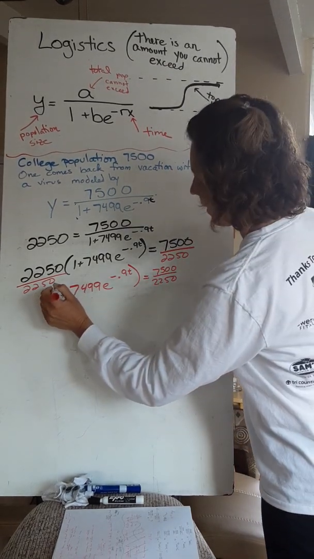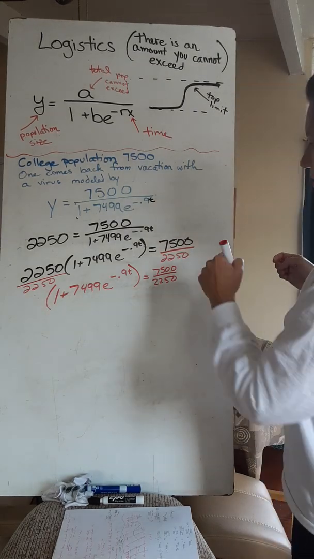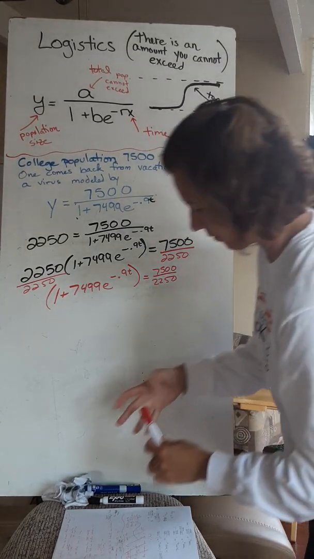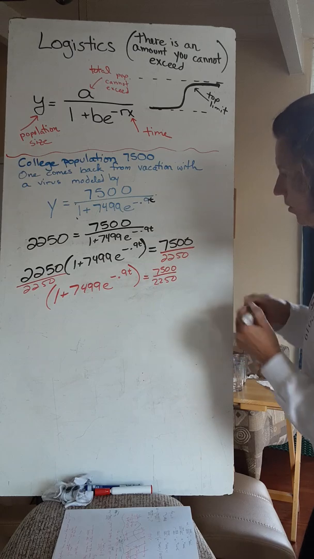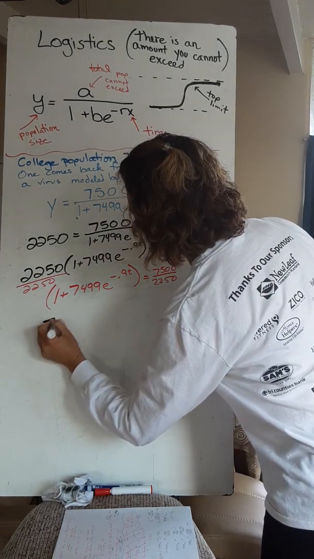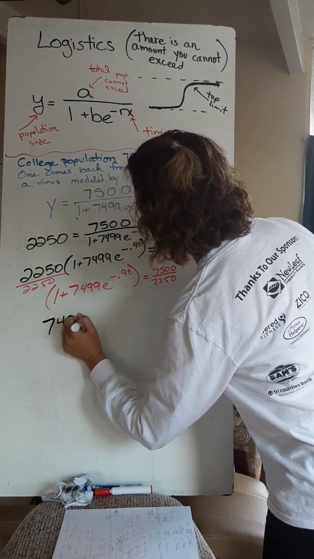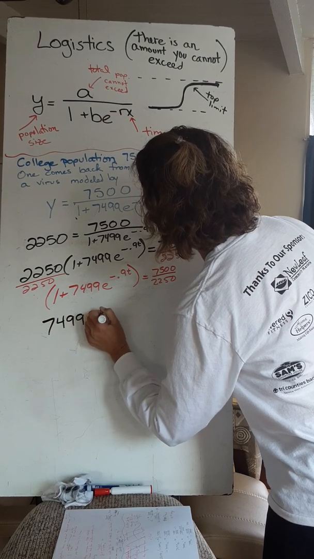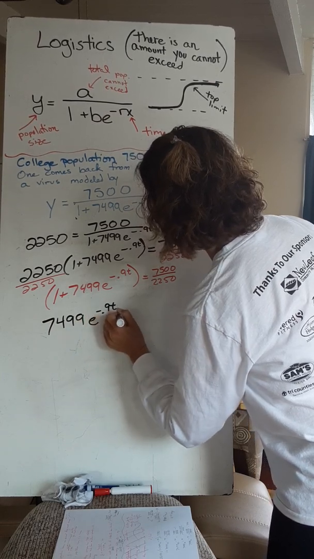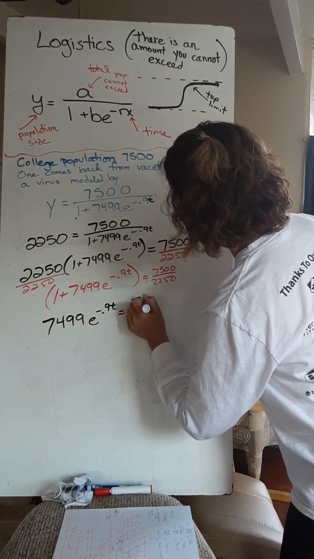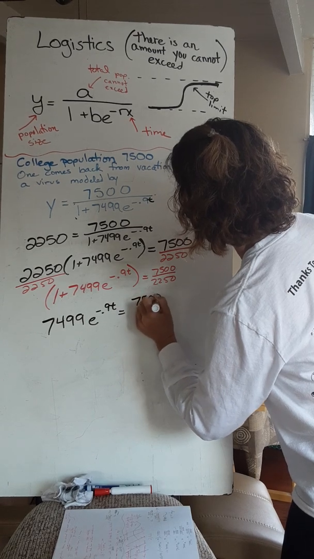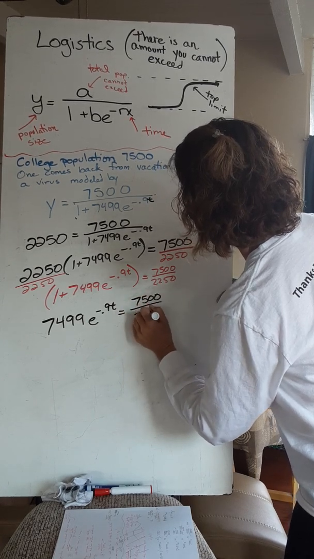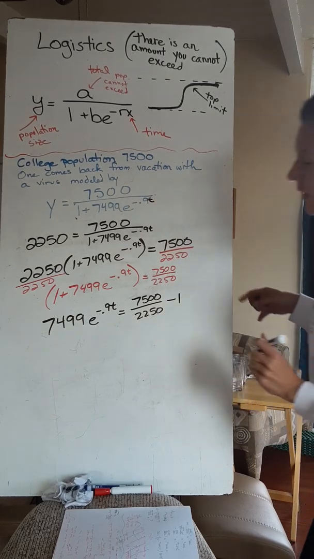Now, I want to get rid of the 1. So if I subtract 1 over here, I am going to get 7,499 e to the negative 0.9t equals 7,500 over 2250 minus 1.